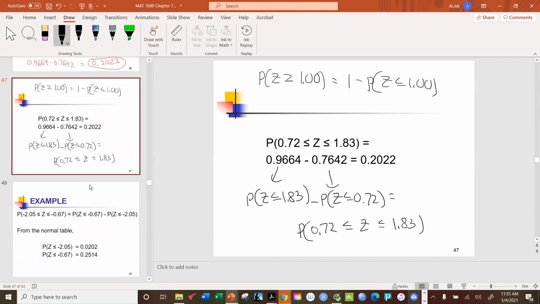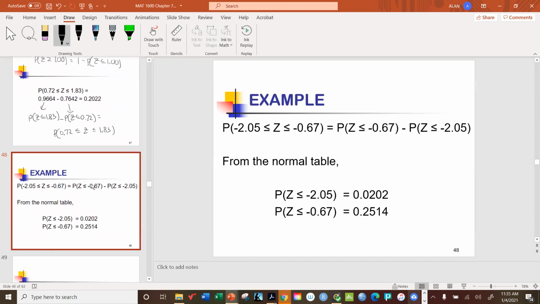All right. Now, here's a slightly more challenging one because these are both negatives. But it shouldn't be a problem because it's the exact same logic. We're looking at the area between negative 2.05 and negative 0.67. So we're going to have the difference between these two probabilities.